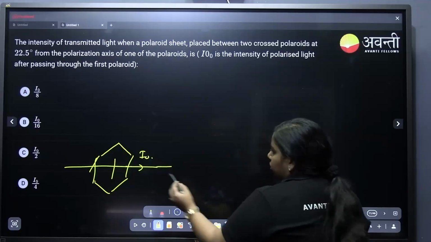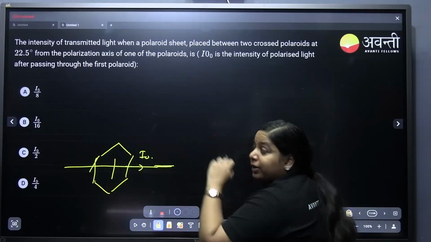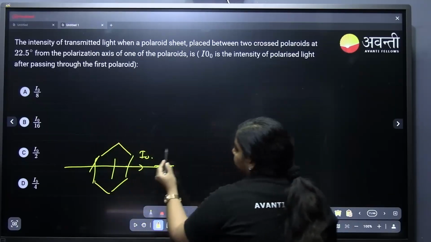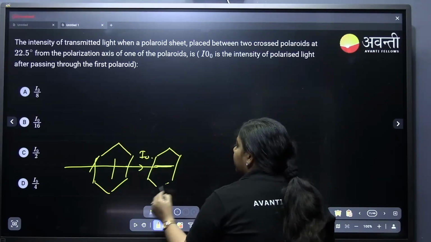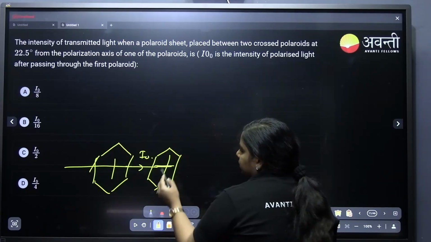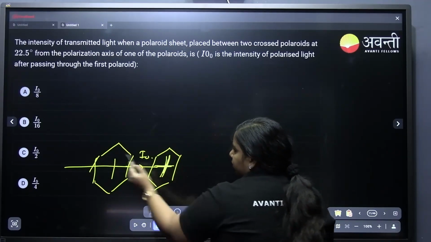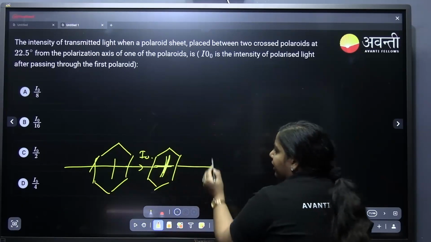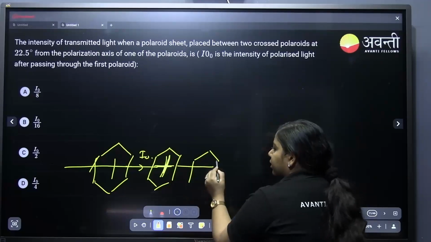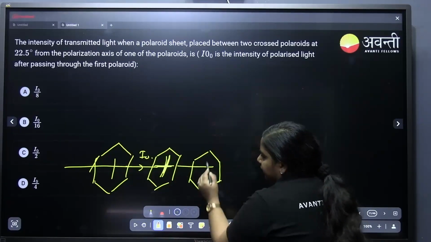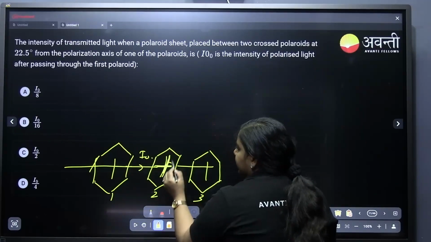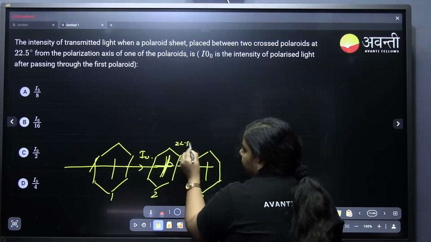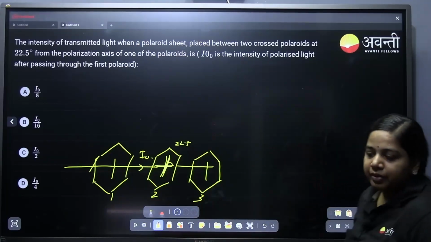So compared to the second one, it is having 22.5. Compared to the first, how much? Like, the first one and the third one are parallel to each other. The second one is at an angle of 22.5.